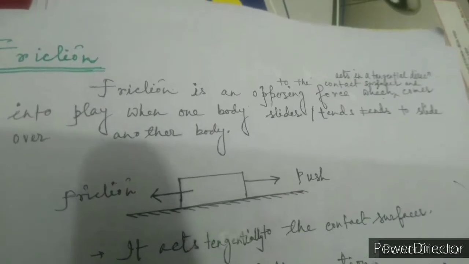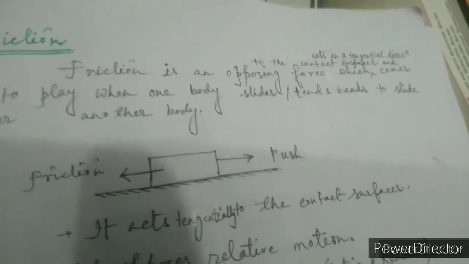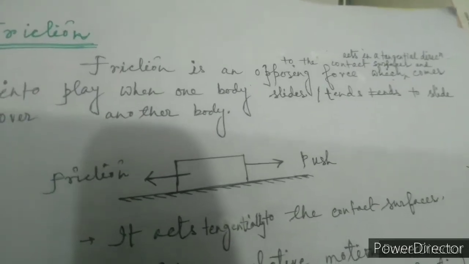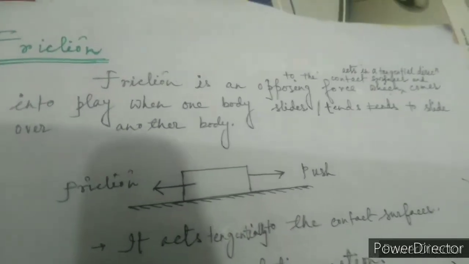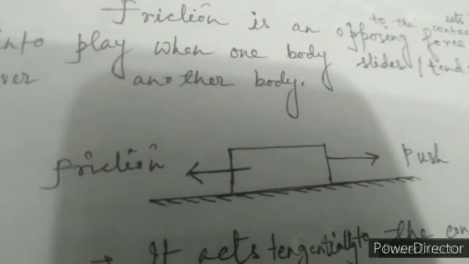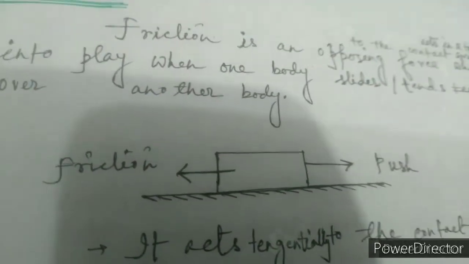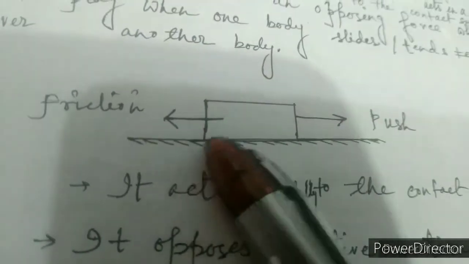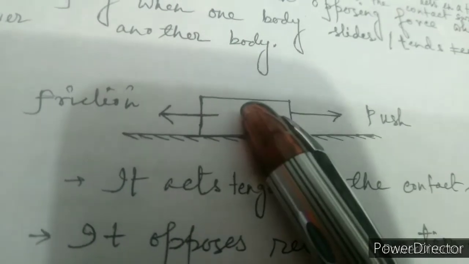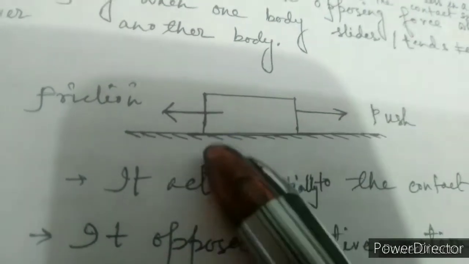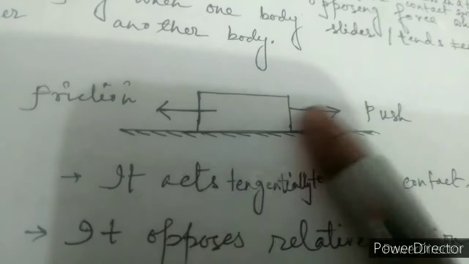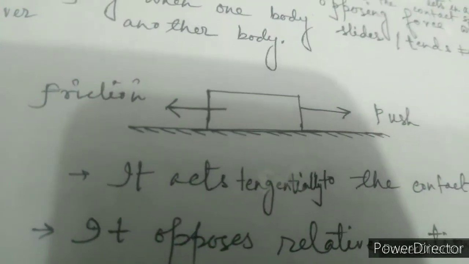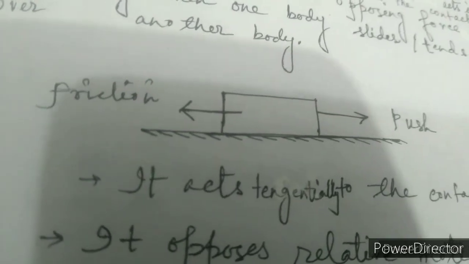So friction is the force whose direction is tangential, and it is an opposing force. And it starts to act whenever this surface, the surface of one body, is trying to slide over this other surface. At that time this force comes into play. Okay.